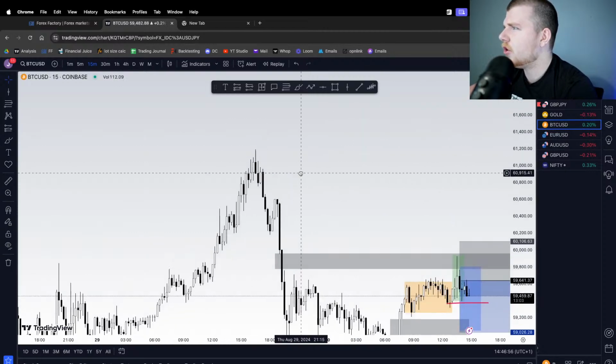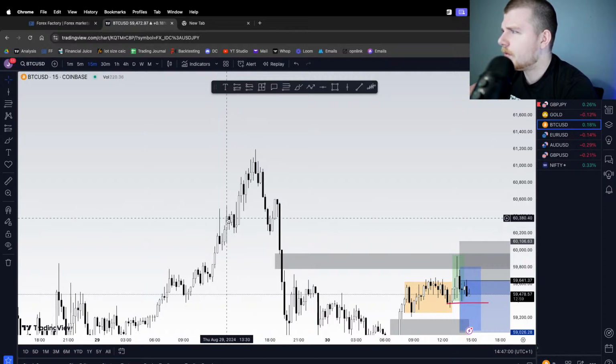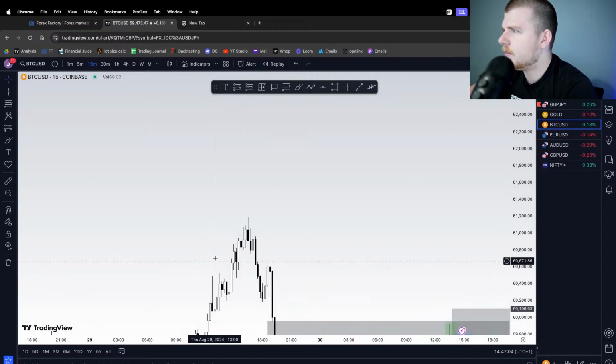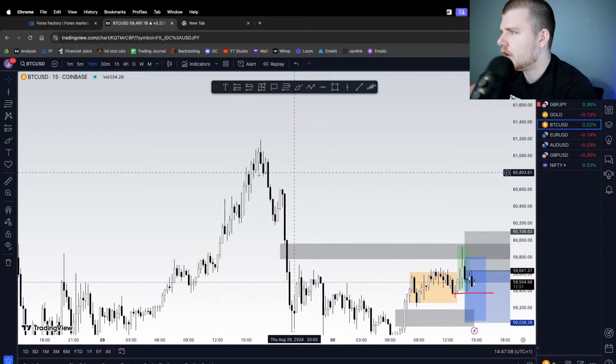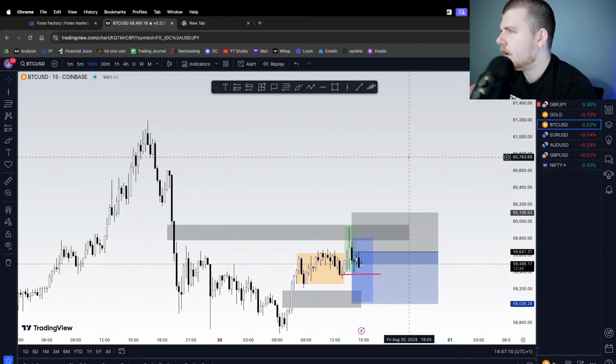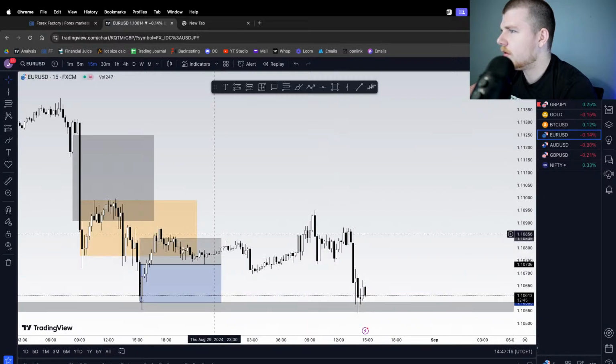I think on Bitcoin, I was looking at buys around about here. And I think it started going well. And then in between my target and my entry, we started reversing. So it was probably a break-even trade there. Now, if we go to Euro USD, again, called that move there. So that's like 3 out of 5.